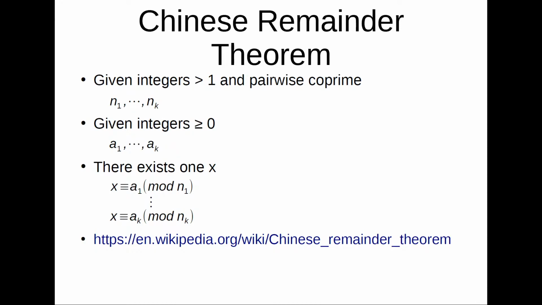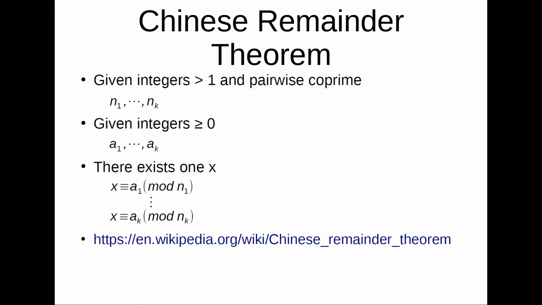Another interesting thing is the Chinese remainder theorem, where if you have a set of integers, n1 through nk, which are greater than 1 and they are pairwise coprime, so n1 is coprime to n2, n1 is coprime to n3, and every other possible combination.